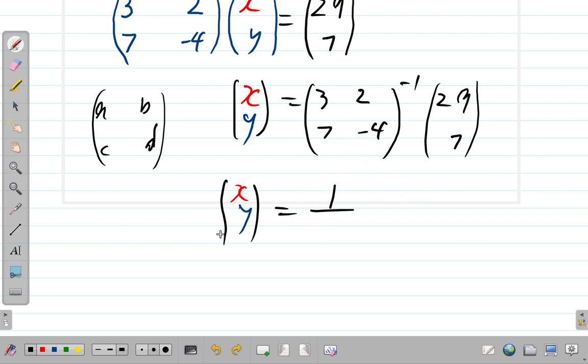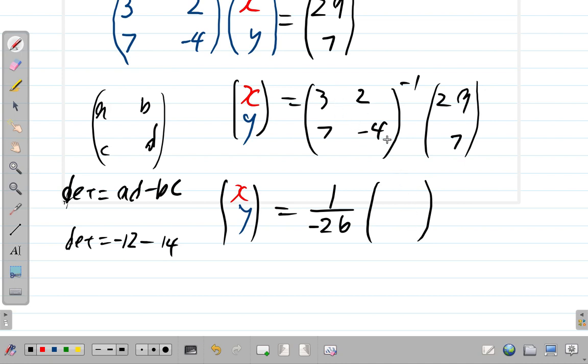The determinant of the 2 by 2 matrix is, no, we don't interchange it. We're finding the determinant. 3 by negative 4 gives negative 12 minus 7 by 2 is 14, because the determinant of this matrix would be AD minus BC, right? So negative 12 minus 14 would be negative 26, and multiply that by, now we do the interchange.